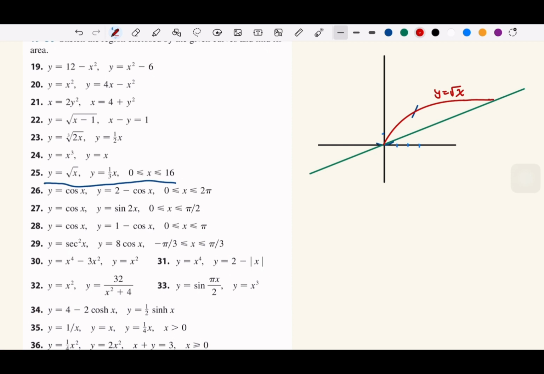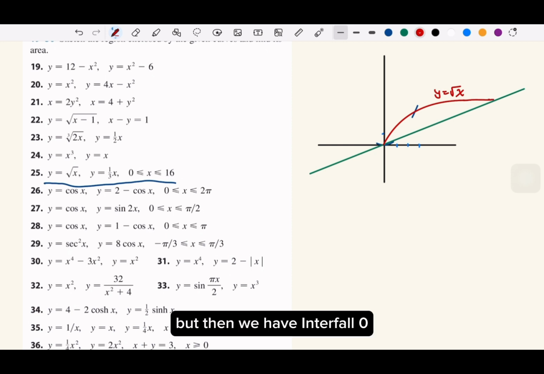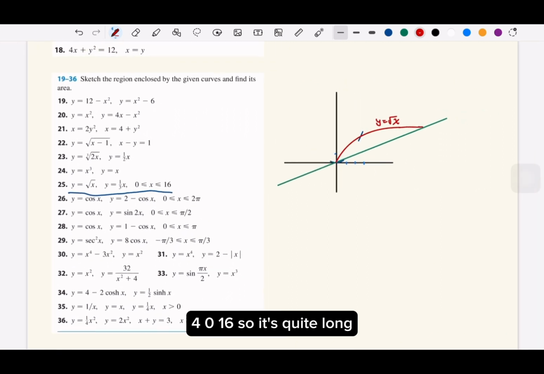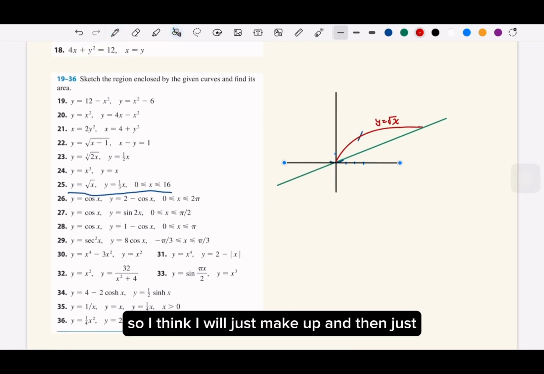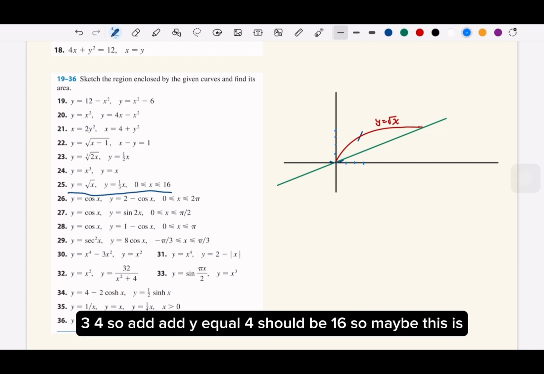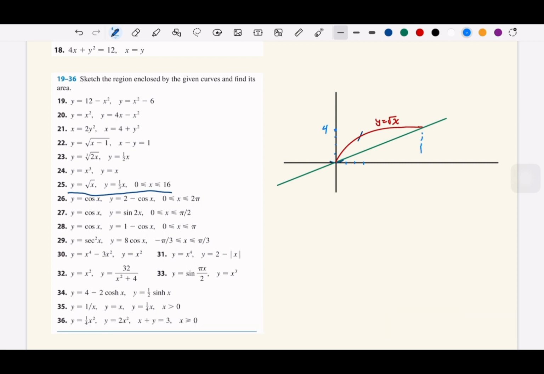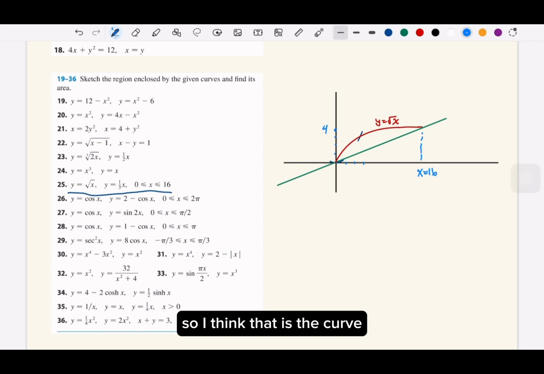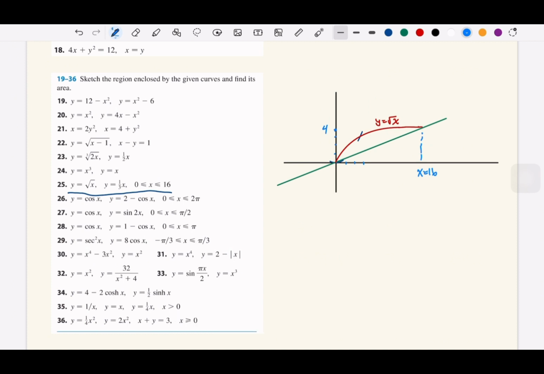Okay. But then we have interval 0, 16, so it's quite long. So I think I will just make it up and then just make it 16. So 16 will be, this will be 1, 2, 3, 4. So at y equals 4, it should be 16. So maybe this is x equals 16. Okay. So I think that is the curve.